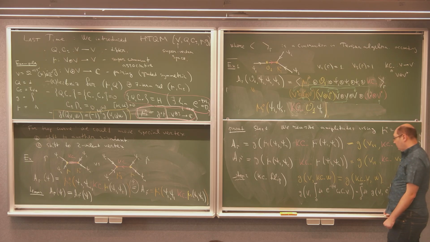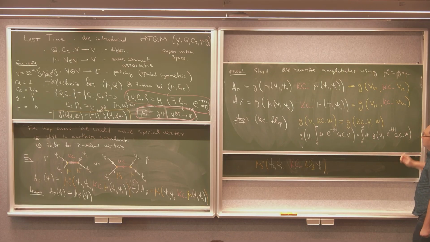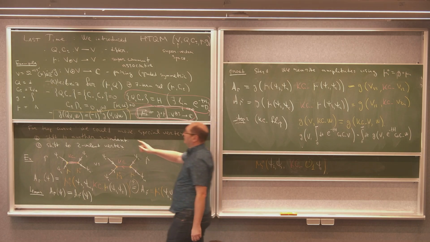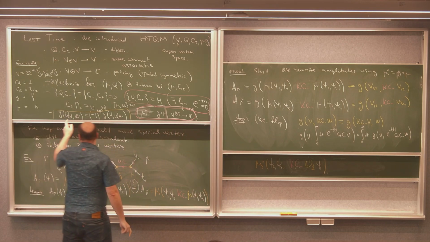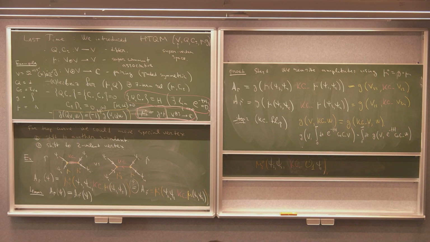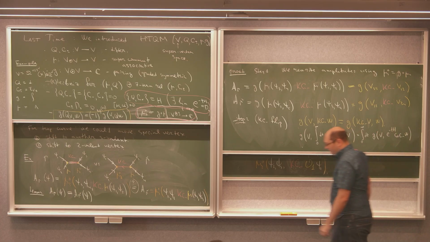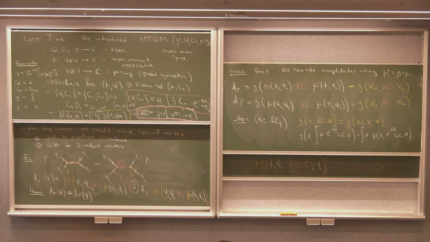And now what I can do, I can use this property that if I move g plus or g minus from one argument to another argument, I will generate some sign. So here there will be several signs.